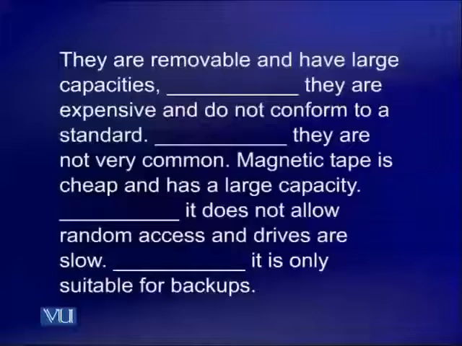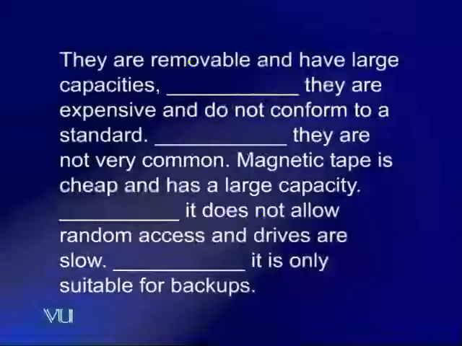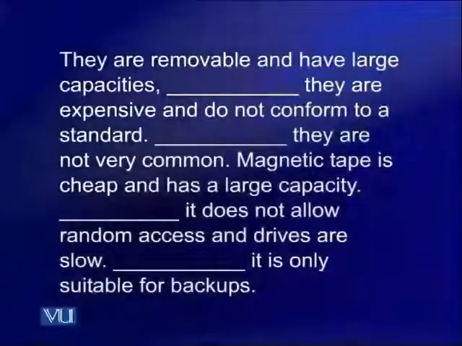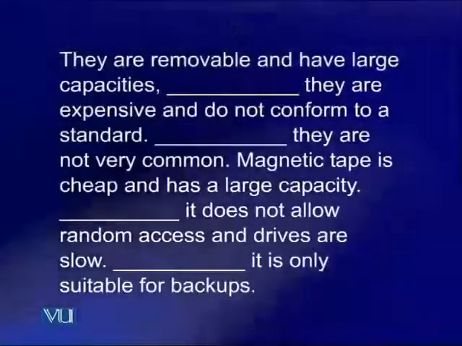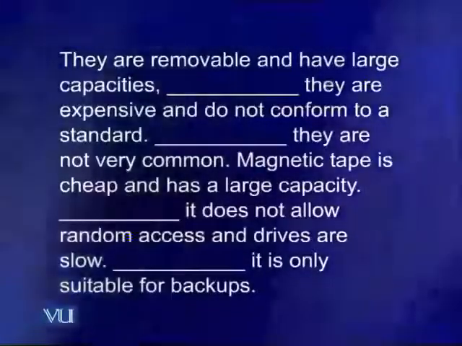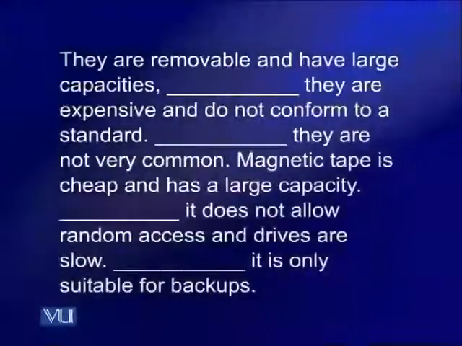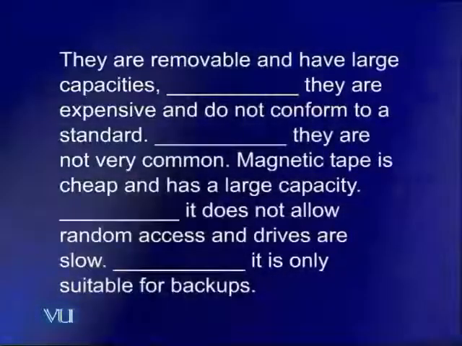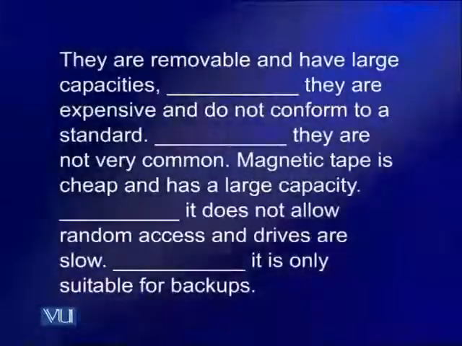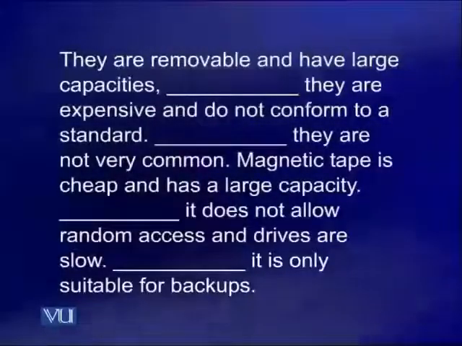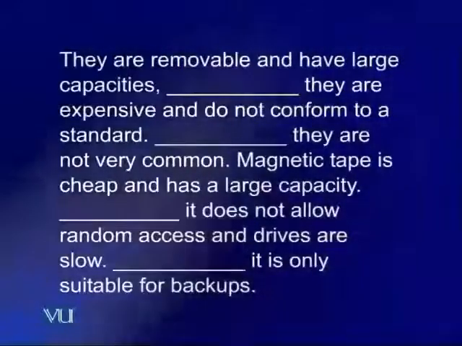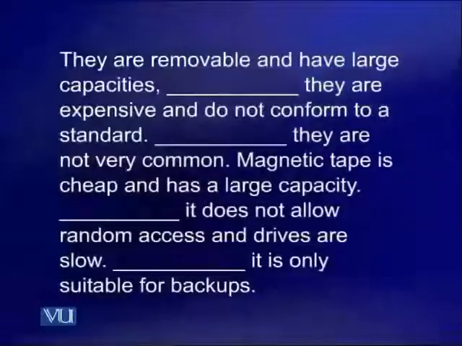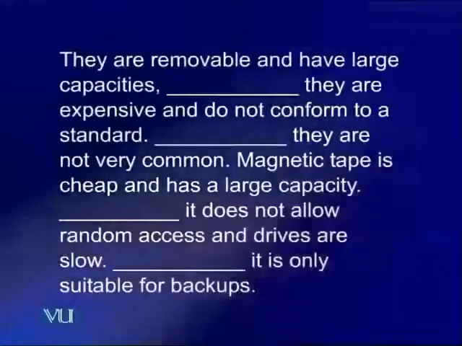Dash, they are expensive and do not conform to a standard. They are removable and have large capacities. However, they are expensive and do not conform to a standard. Dash, they are not very common. The suitable word would be therefore, they are not very common.